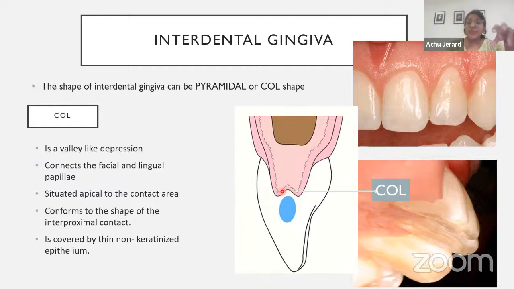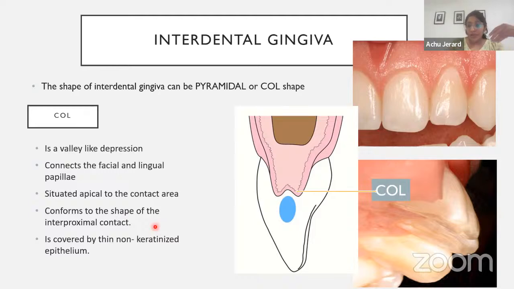Also, this is the site which harbors the maximum microorganisms, and periodontal breakdown easily starts from there. Because of its valley-like depression, food can go in and get stuck there, and as it is non-keratinized, the inflammation process starts faster. So this is the significance of the col.